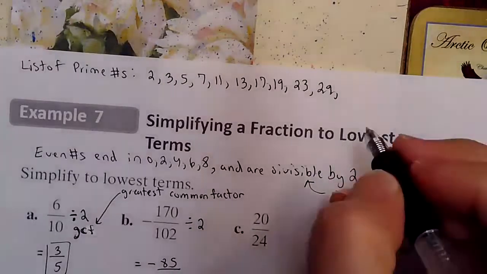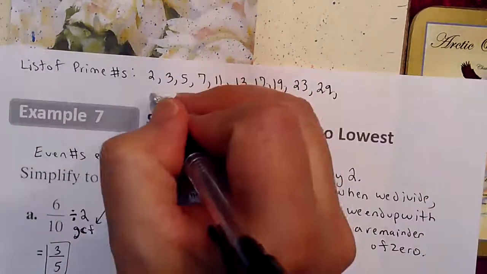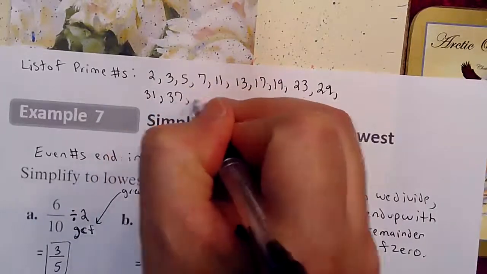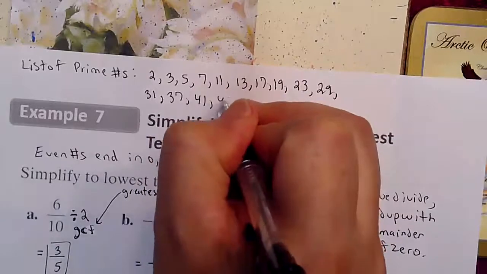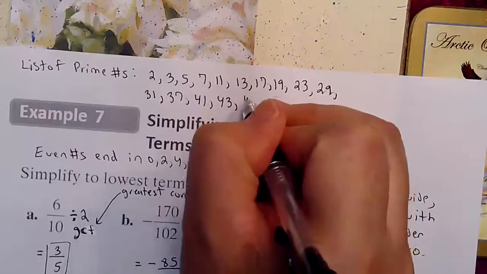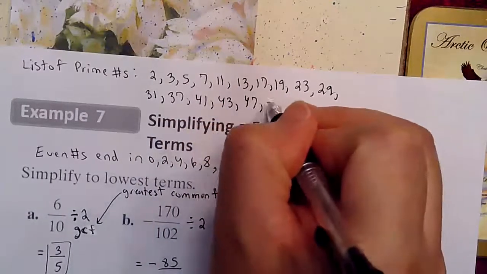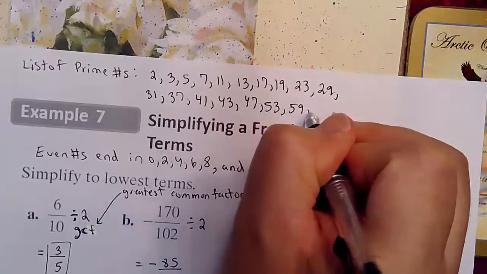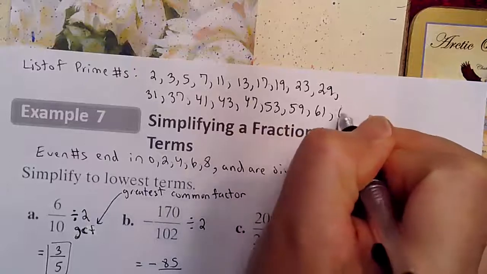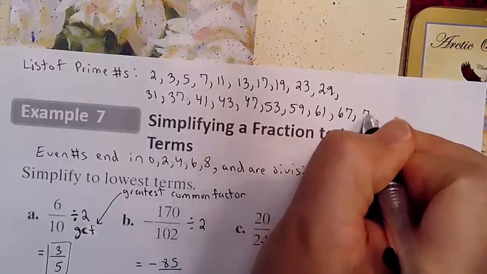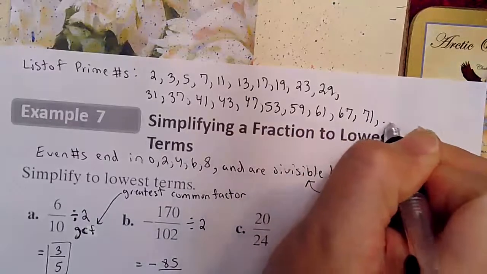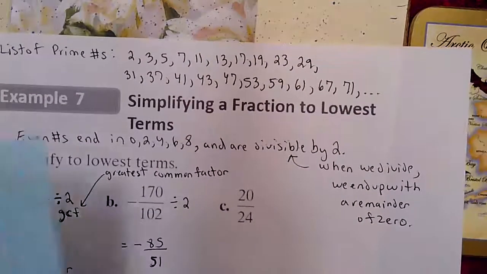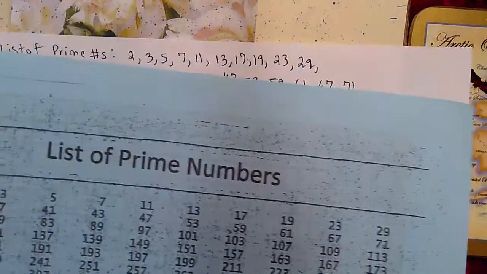And then I come around to the second row, which would be 31, 37, 41, 43, 47, 53, 59, 61, 67, and 71. So there's the first 2 rows of our list of primes there, okay?